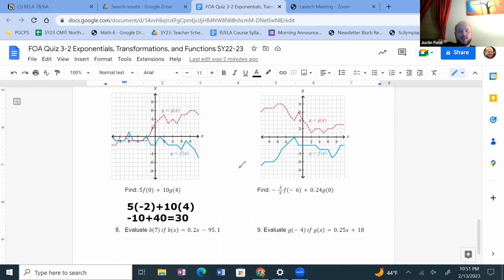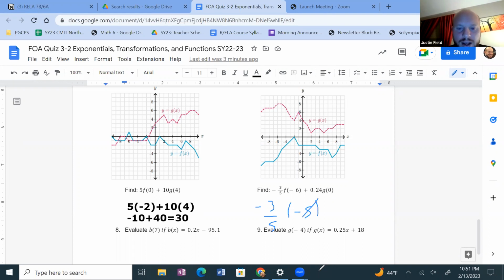So we're going to have -3/5 times -5, and the 5's cancel, and the negatives cancel, and we're just going to be left with 3. So that whole thing is just 3. And then 0.24 times g of 0. g of 0 is 4.